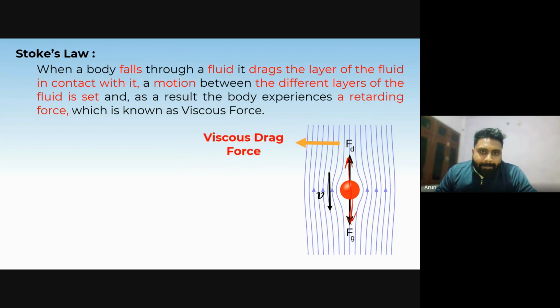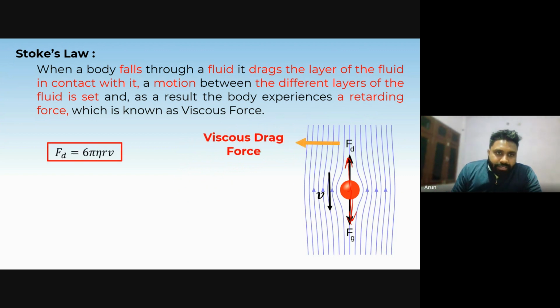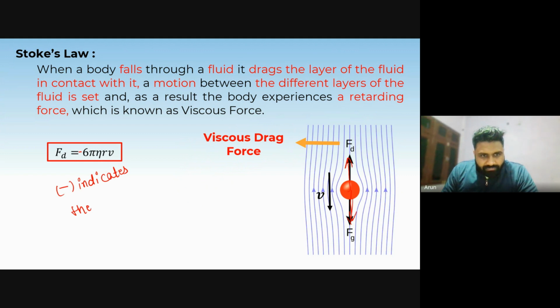And this force is given by minus 6 pi eta r v, and the minus sign indicates that it is a retarding force.